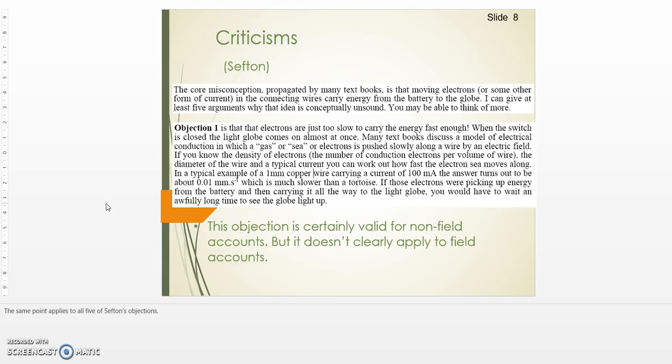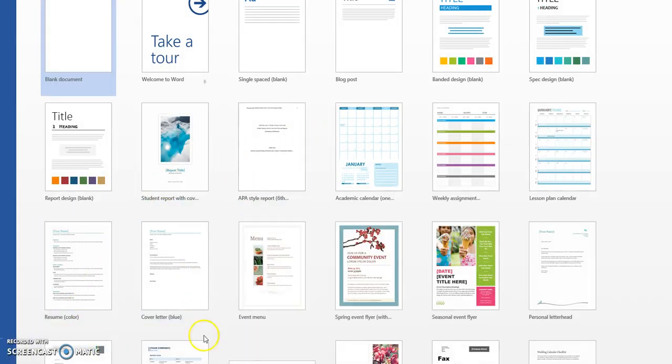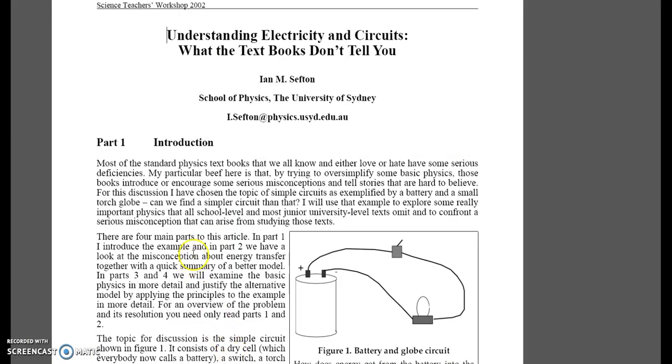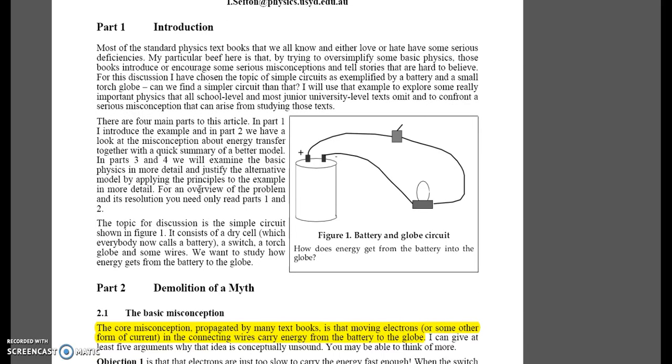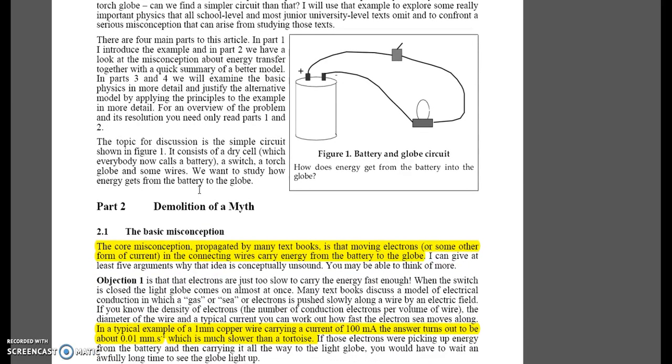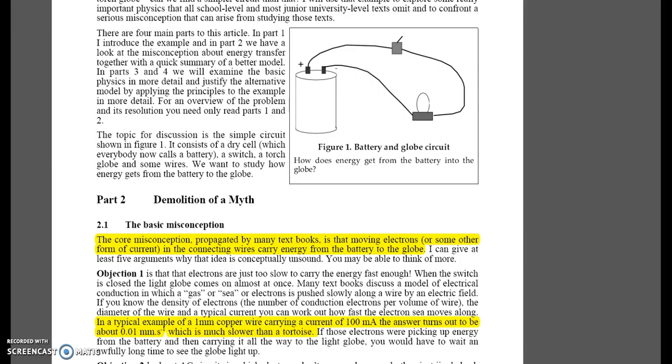So I thought I'd just quickly look at those. So this is a paper by Sefton. It's an unpublished paper, which was delivered at a workshop. And he has his objections listed before he then goes into the Poynting vector account.